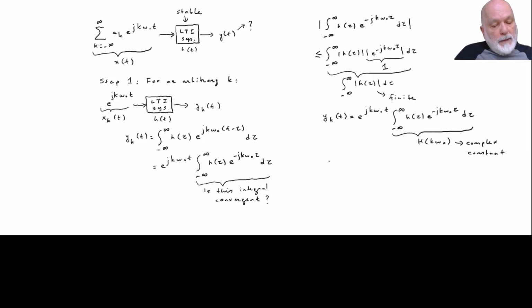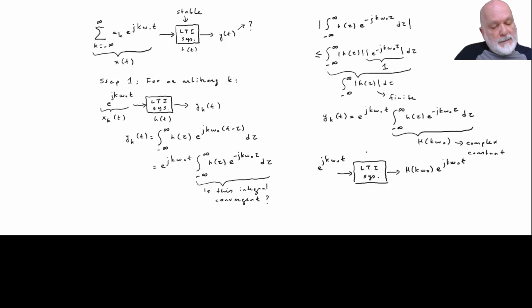Therefore, if in our LTI system we have the condition of stability as well, if our input signal is e to jk omega 0 t, the output signal is h of k omega 0 e to jk omega 0 t.